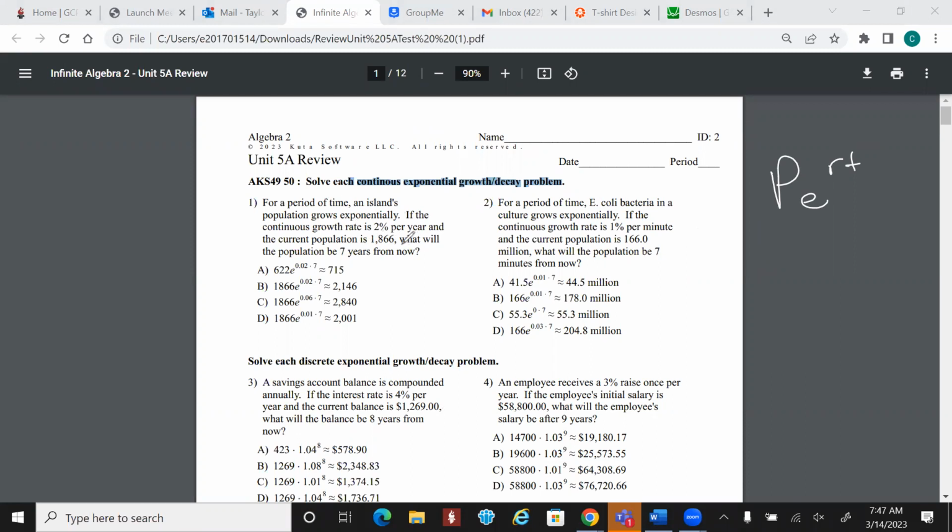Like on number 1, they say the current population is 1,866. We're going to plug that in here. So that's going to be 1,866. We have e as our base. Our rate is 2%, so we change that to a decimal. And the number of years is going to be 7. So which one does that? That's going to be B.